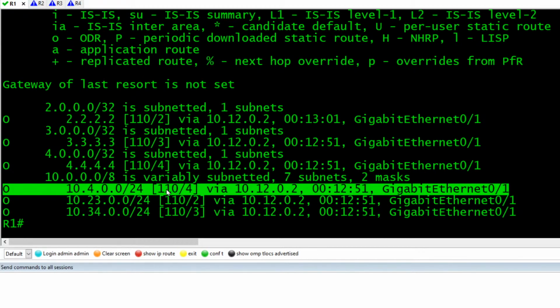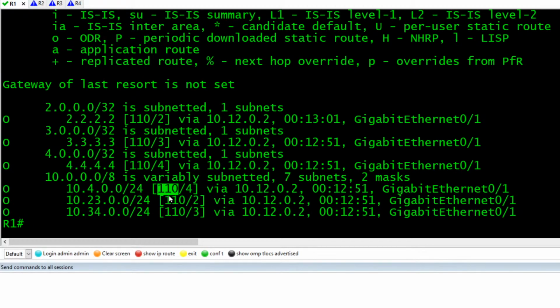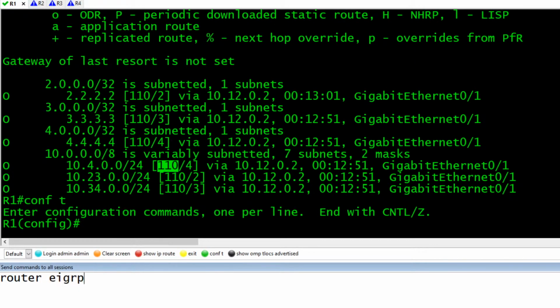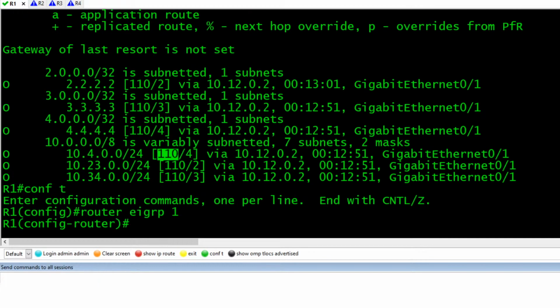It's being learned via OSPF because OSPF has an AD of 110 and we have no other routing protocols running. But if we went to every router and we did this, config t, router EIGRP. Now, when we get to CCNP, at CBT Nuggets, I created a whole bunch of CCNP level courses, but when a person gets to their studies for EIGRP, just be aware there's an older way of doing it, a newer way of doing it with named EIGRP, but this is a simple way of doing it.